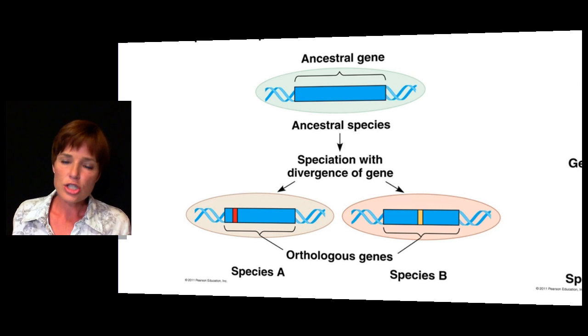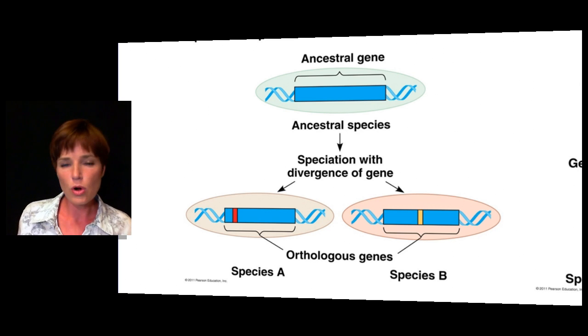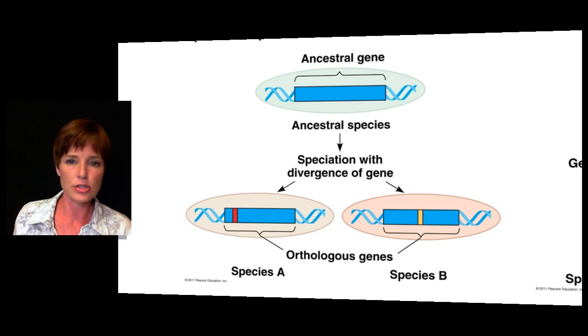So that when we look at this gene in these 2 species, it is different. It may have a different role altogether in the 2 species, or it may be very similar to each other. But it's one gene that once was the same single gene in that common ancestor.